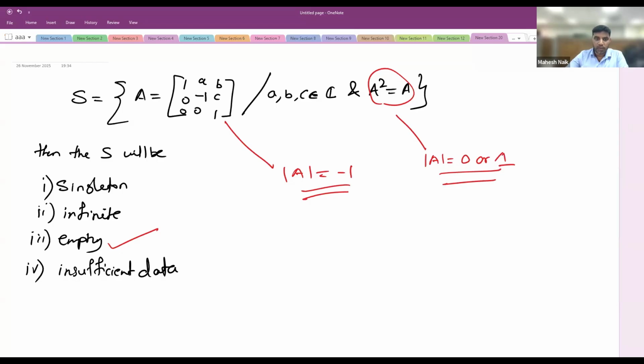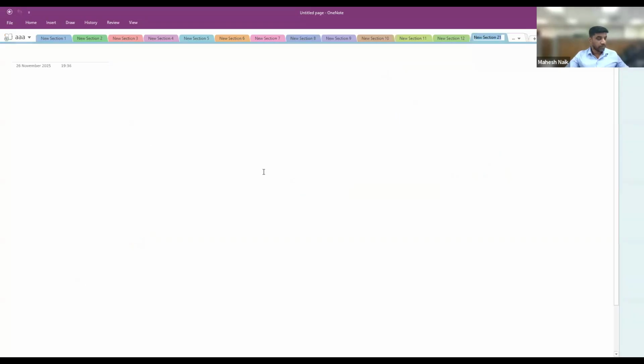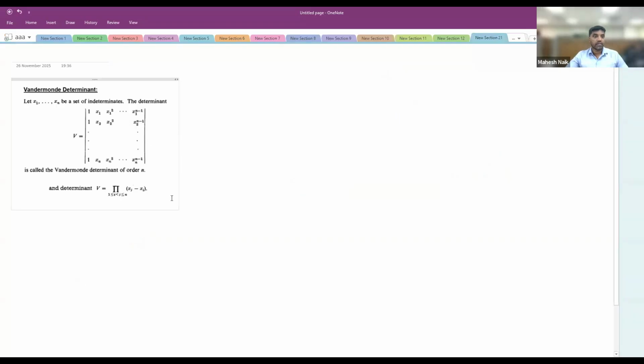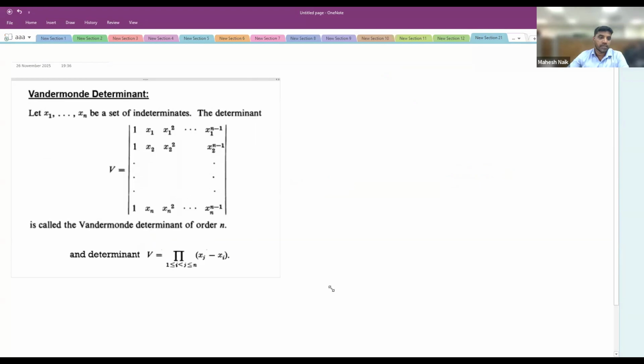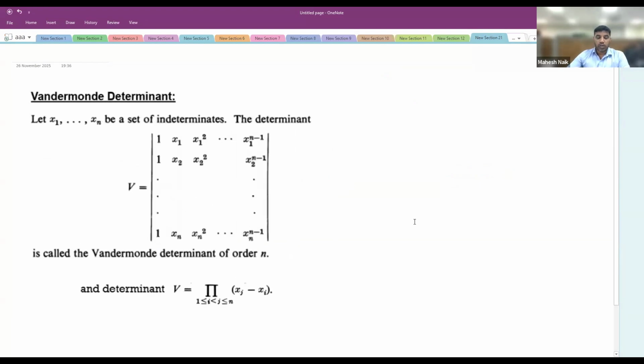Okay. So let's proceed with the next type of special matrix that we can look at, a Vandermonde matrix. Sorry, not matrix, determinant.